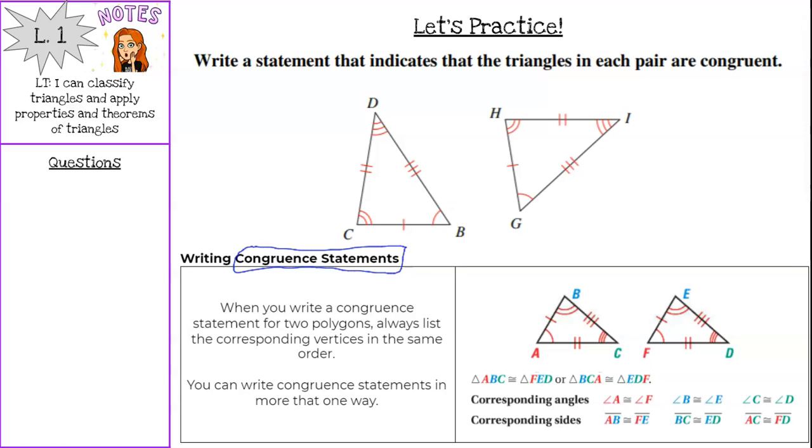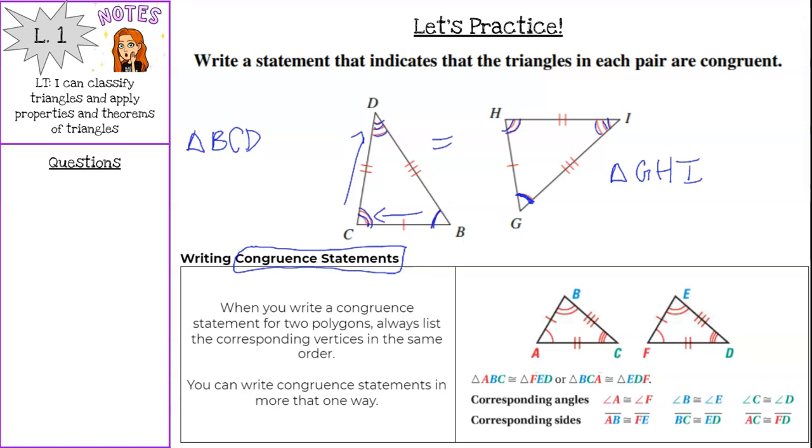So if you look up at our picture, angle B is congruent to angle G. So when I write this triangle, if I started with B, I'd have to start with G. And then angle C is congruent to angle H. So then if I'm going to follow that path from B to C, I'd have to go from G to H. And then I'm going to go up to angle D, which is congruent to angle I. So if I put D after C, then I'd have to put I after H.